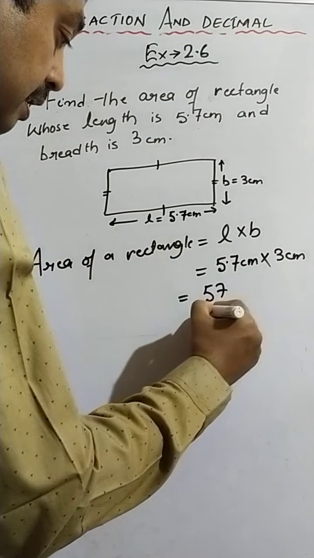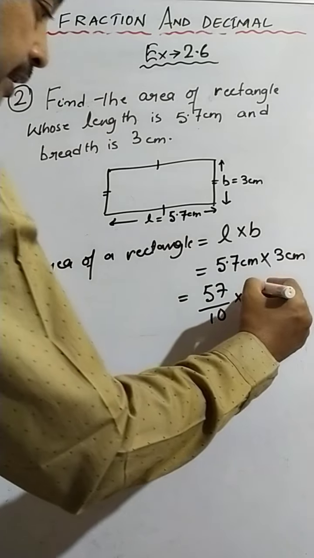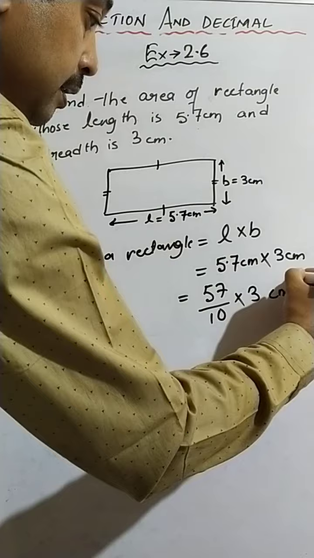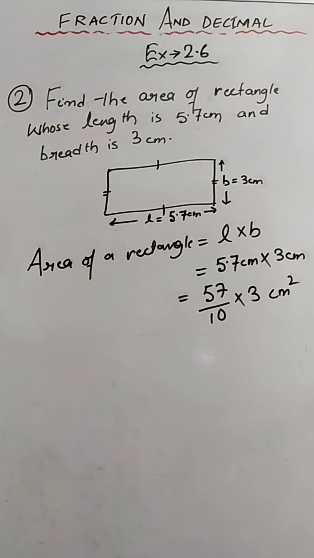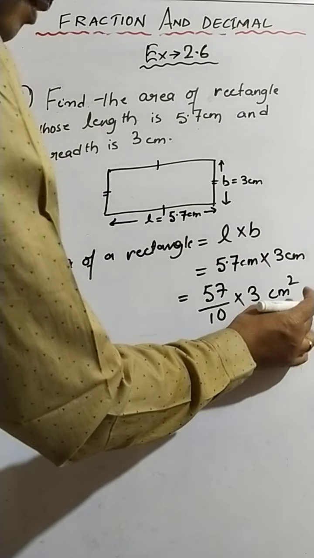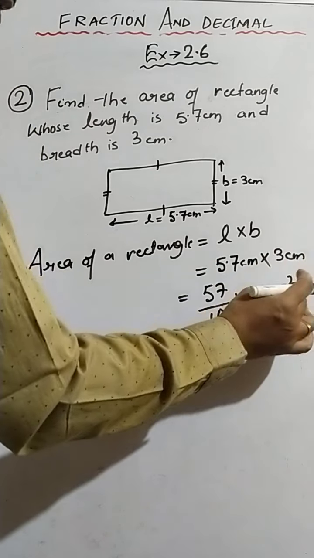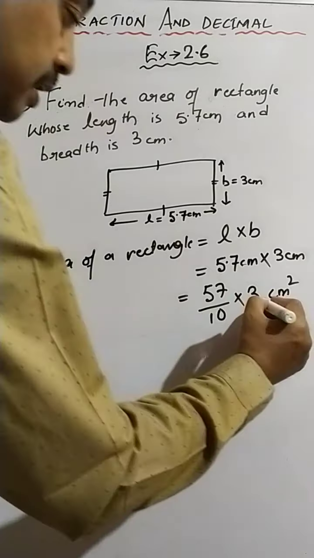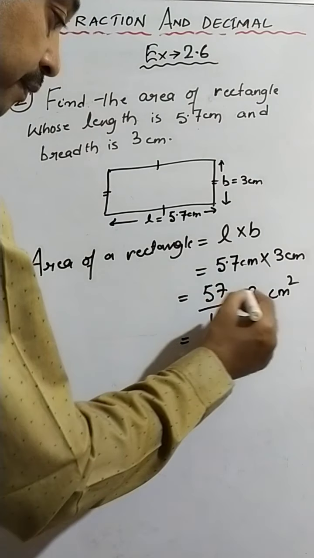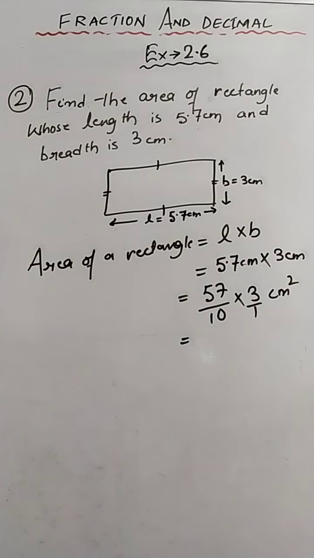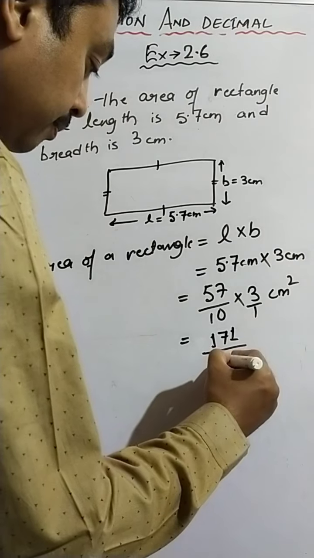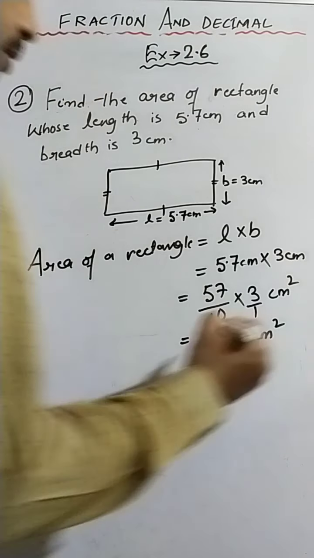So 57 by 10 and 3. Now how many centimeters are there? 2, so we write centimeter square. As 2 centimeters are there, I have written centimeter square. If there would have been 3 centimeter, then I would have written centimeter to the power 3, that is centimeter cube. Now just multiply it. 57 into 3 is 171. 171 by 10 centimeters square.